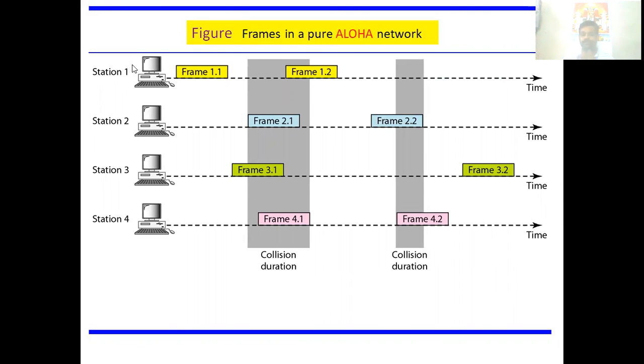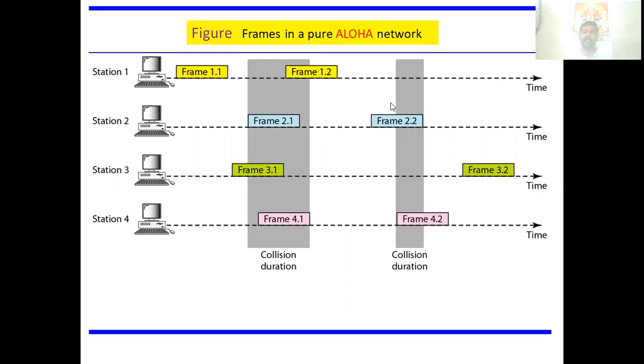Here, you have four stations and the four stations are sending frames. Each station is sending two frames. The second frame of the first station is colliding with the first frame of the second station, the first frame of the third station, and the first frame of the fourth station.